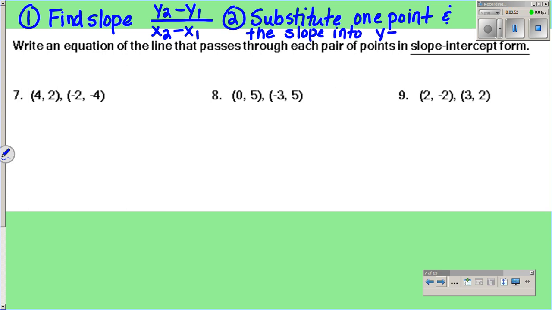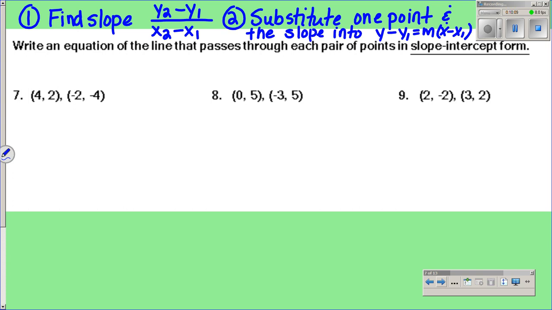So that's y minus y1 equals m times x minus x1. So we're still doing the same process we just did on those last examples. We're just going to have to add one extra step. So this time we're going to have to start by finding the slope.